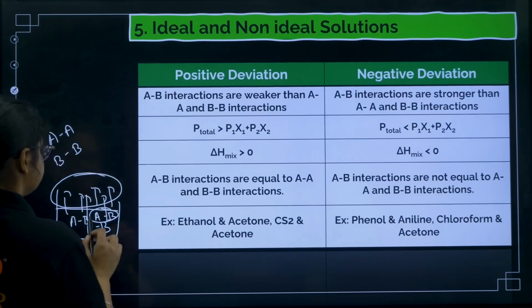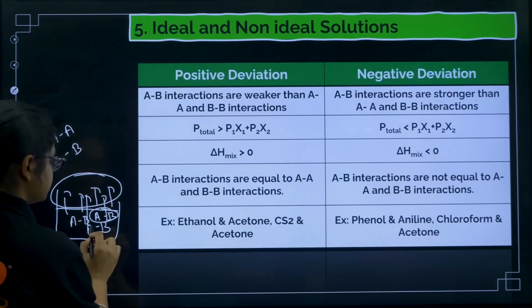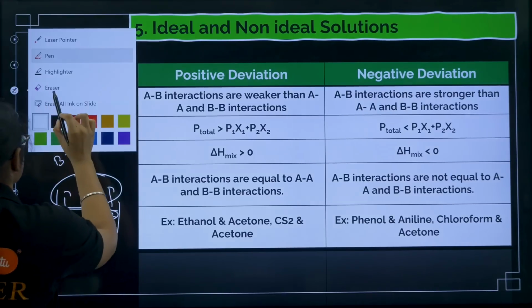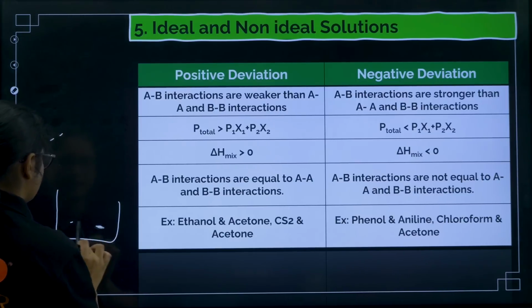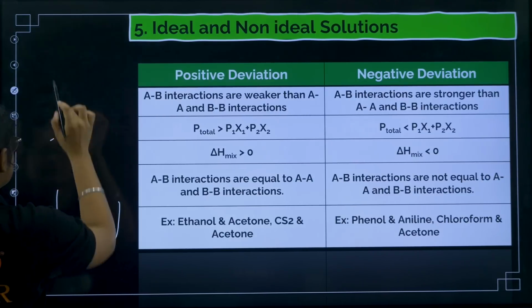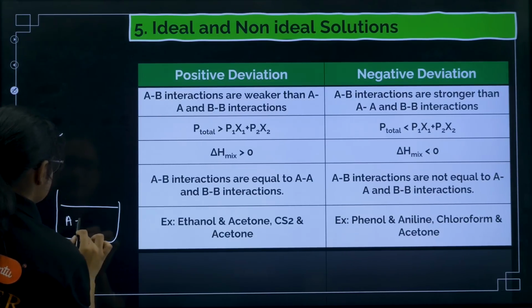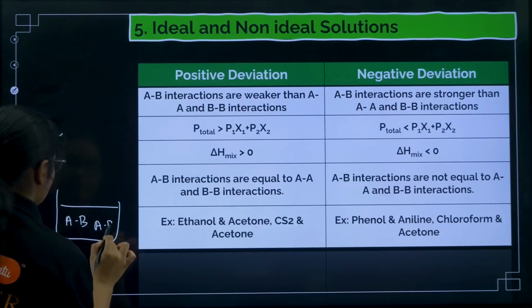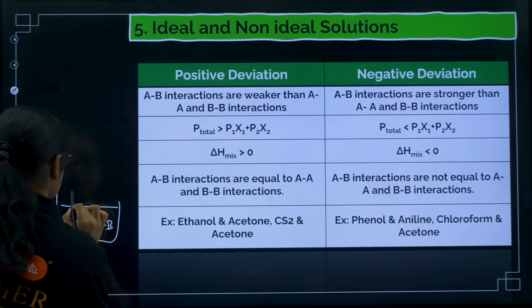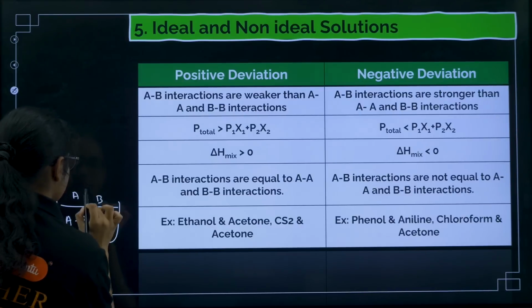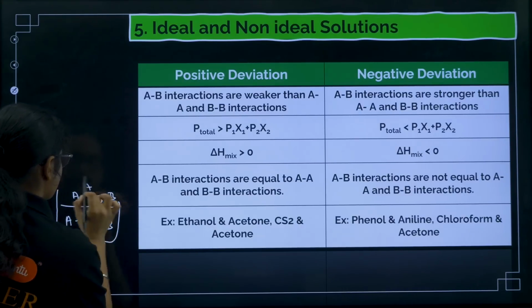Now let us see the second condition, where the AB interactions are stronger, a very strong interaction. Then what will happen? A very small amount of A and B will evaporate because of the very strong interactions.